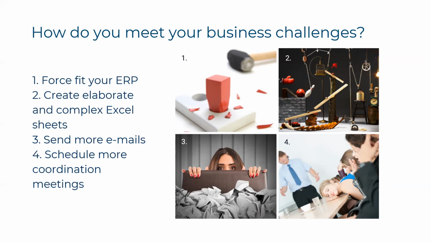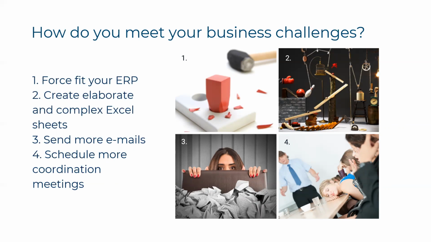Let me see what I can do in Excel or an Access database or SharePoint. And so you make an elaborate and complex Excel sheet or sheets, kludge a system together, and like number two there, you've got a Rube Goldberg contraption that gets the work done, but it's not very robust, and maybe relies on one person who knows how it's all been put together.